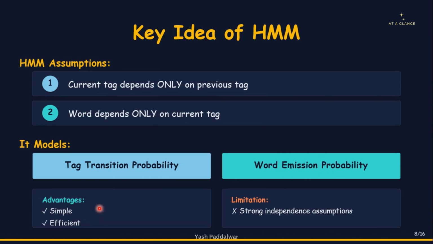Now, the advantage of this methodology is that it is simple and efficient, and the limitation is that it has strong independence assumptions. These strong assumptions are always followed in HMM, which is a drawback because in our languages it doesn't always happen like that. So I hope you are understanding the core concept of HMM.